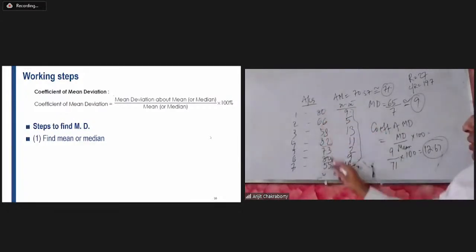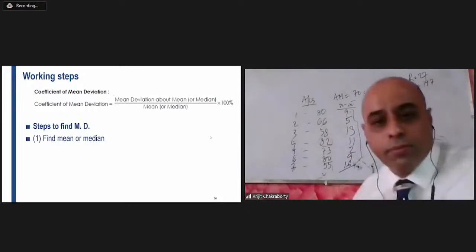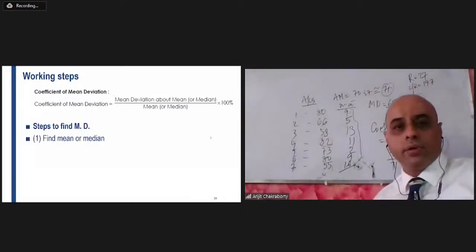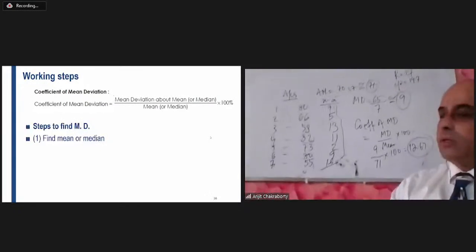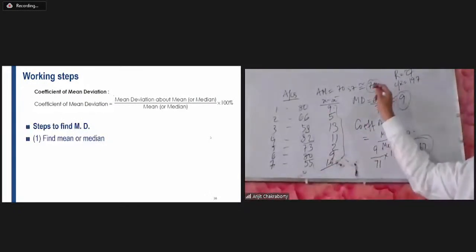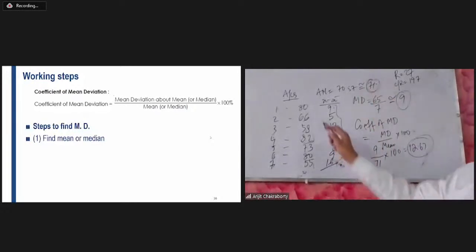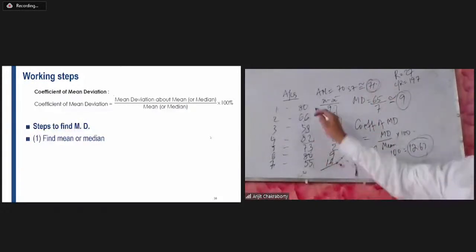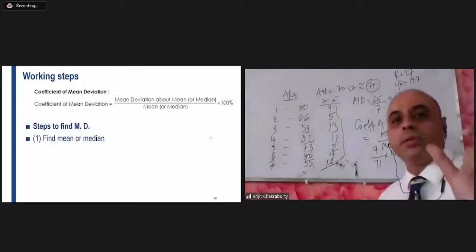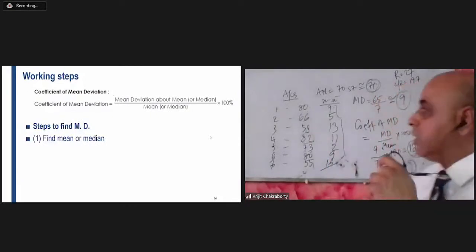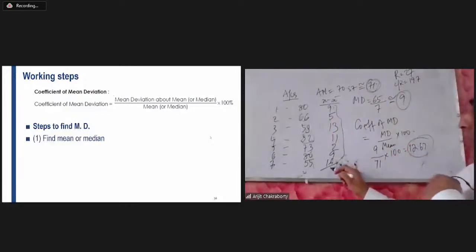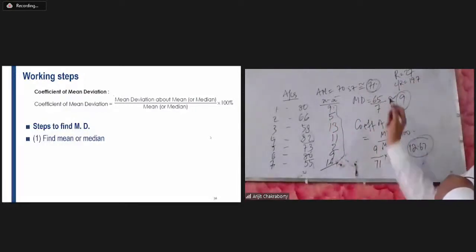We found out the mean first. Once you have got the mean, the next step, if you see once again, the mean came to around 71. From each observation, we found the deviation, the difference between each observation and the mean. We add up these numbers and get 65.